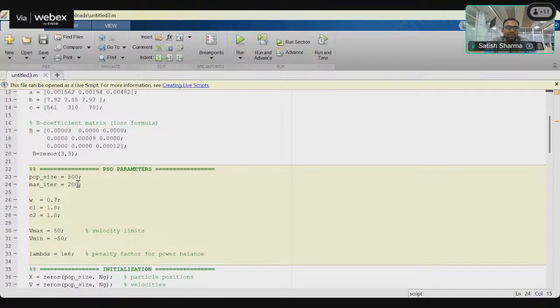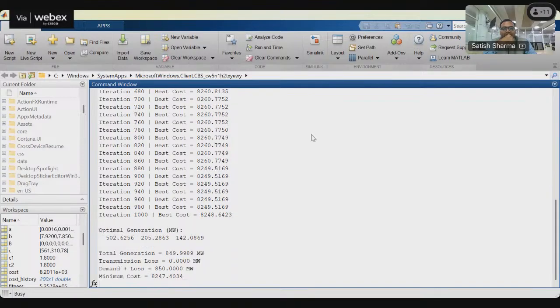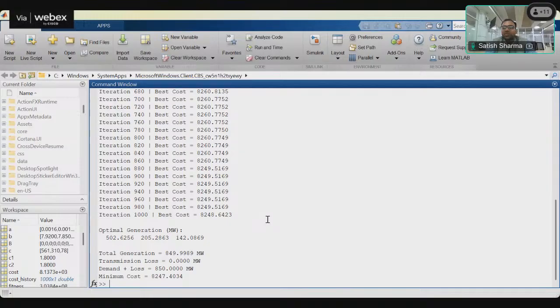If I run it with 1000 iterations, maybe it will give me the answer. And the solution is again weird.